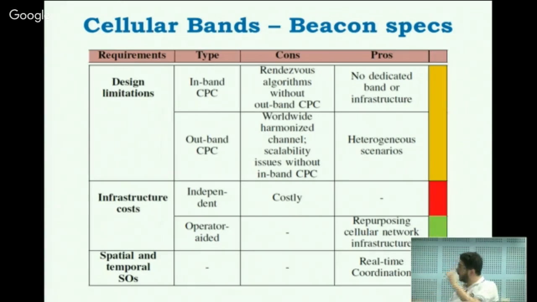Now, this is a problem because it impacts the infrastructure. You have to change a lot of your system to do that, and that's costly. Beaconing in general has been considered, but it doesn't look to me like a way forward because it has been there since the beginning of cognitive radio.